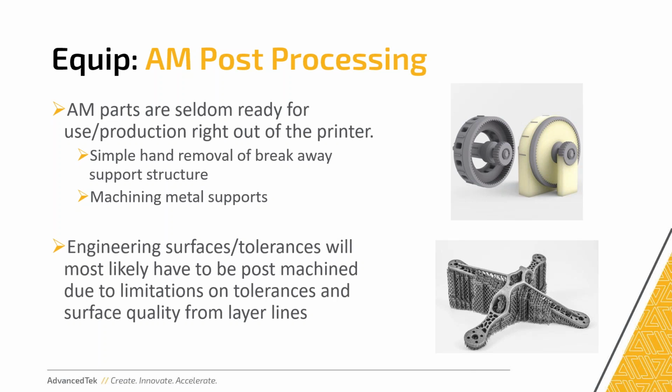So it varies greatly from plastic to metal. In any sort of engineering surface or tolerance, you're most likely going to have to post-machine, and that's mainly due to the limitations of the layer slice thickness and just the tolerances from 3D printers today in the industrial grade.